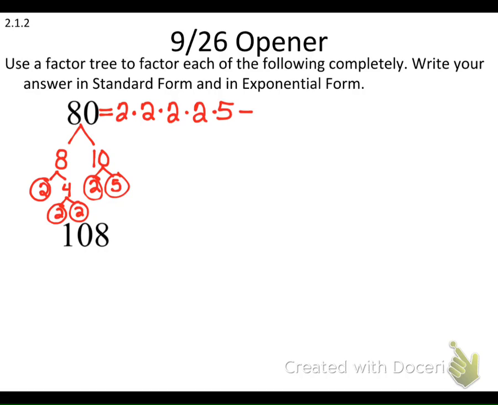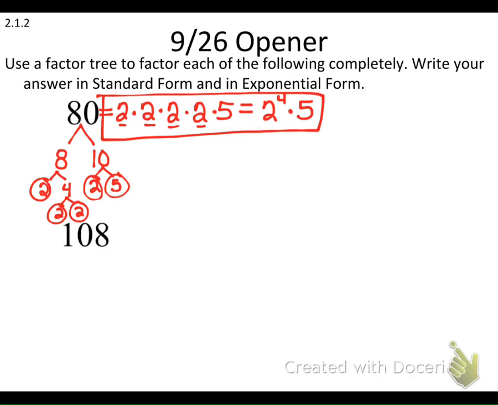Then I'm going to write my answer in exponential form. So I have 2 to the 4th power because I have 4 2's here, 1, 2, 3, 4. So 2 to the 4th power times 5. You could put 5 to the 1st if you want to, however, it's not necessary and will not count against you either way. Then I'm going to box the entire thing, standard form and exponential form.